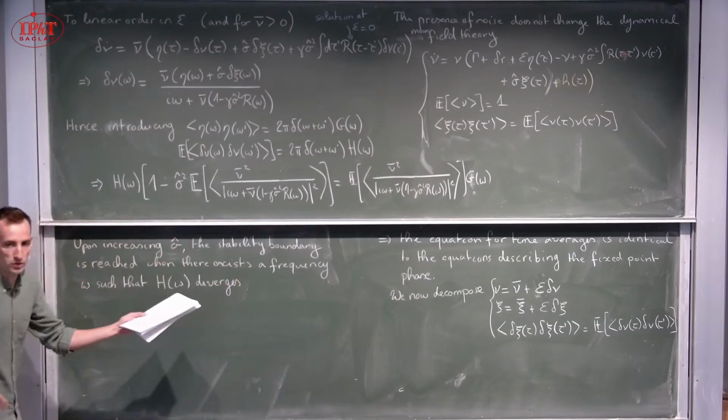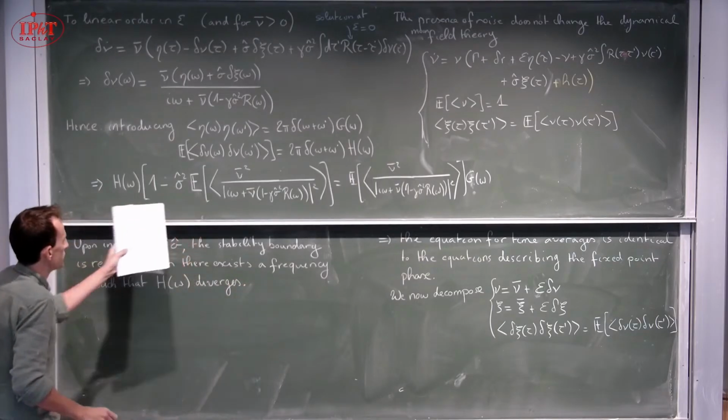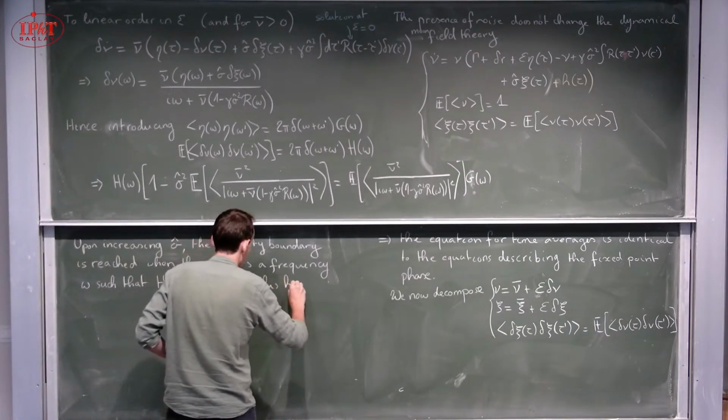And this is when the fixed point becomes unstable. So this happens first, it turns out, for omega equal to 0.